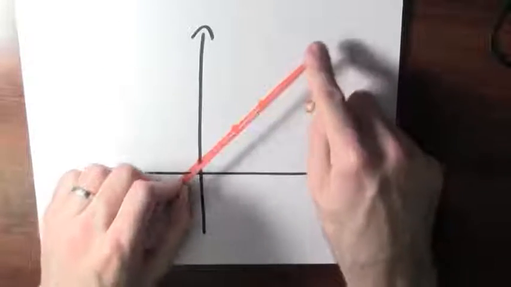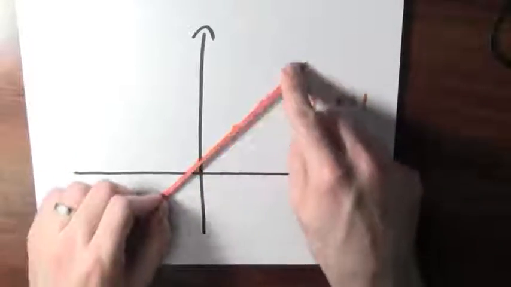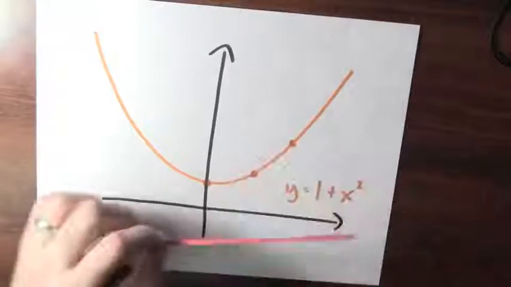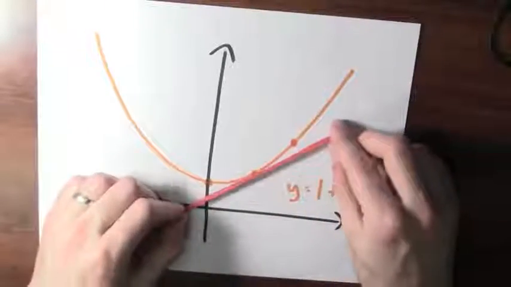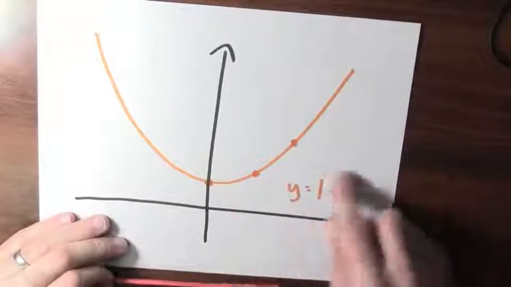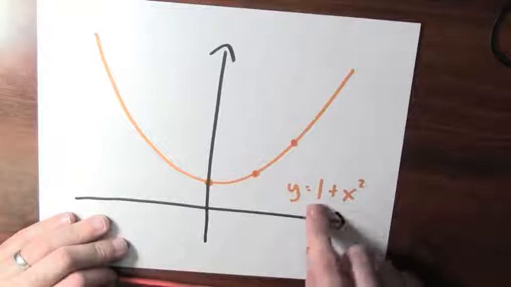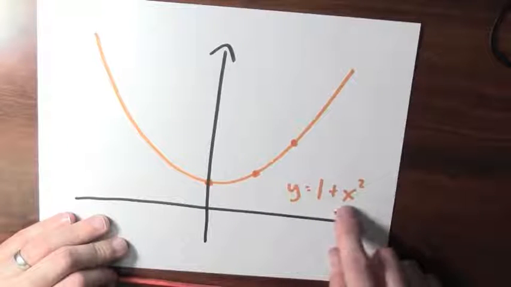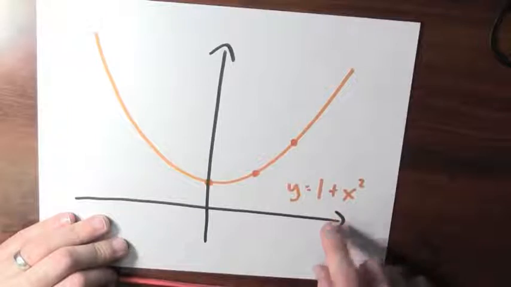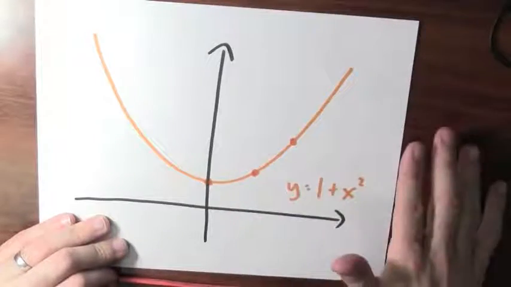The function's derivative isn't changing at all. Here, in this example, the function's derivative really is changing. And I can see that if I take the second derivative of this. If I differentiate this, I get 2x, and if I differentiate that again, I just get 2, which isn't 0.